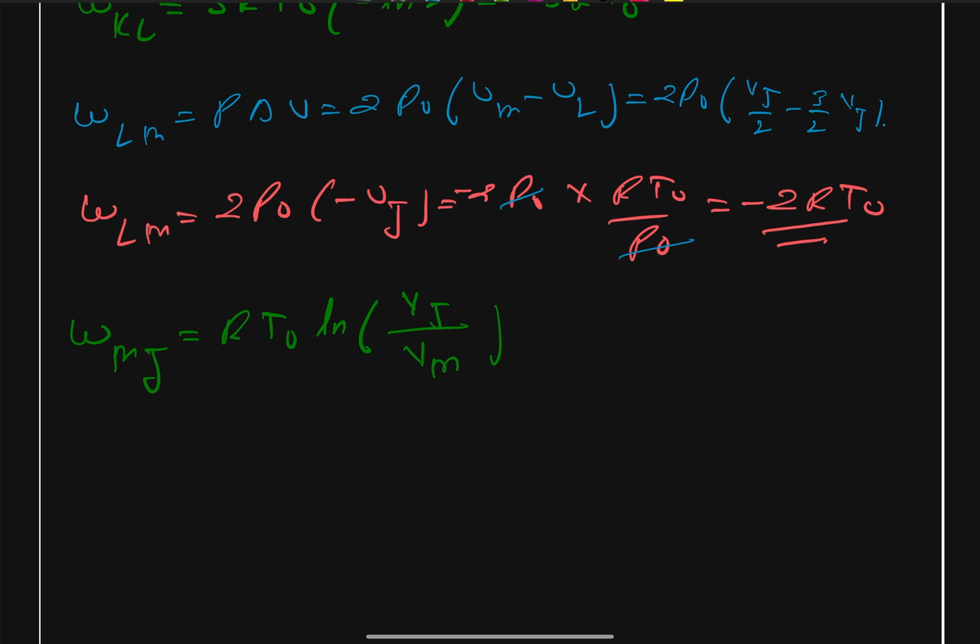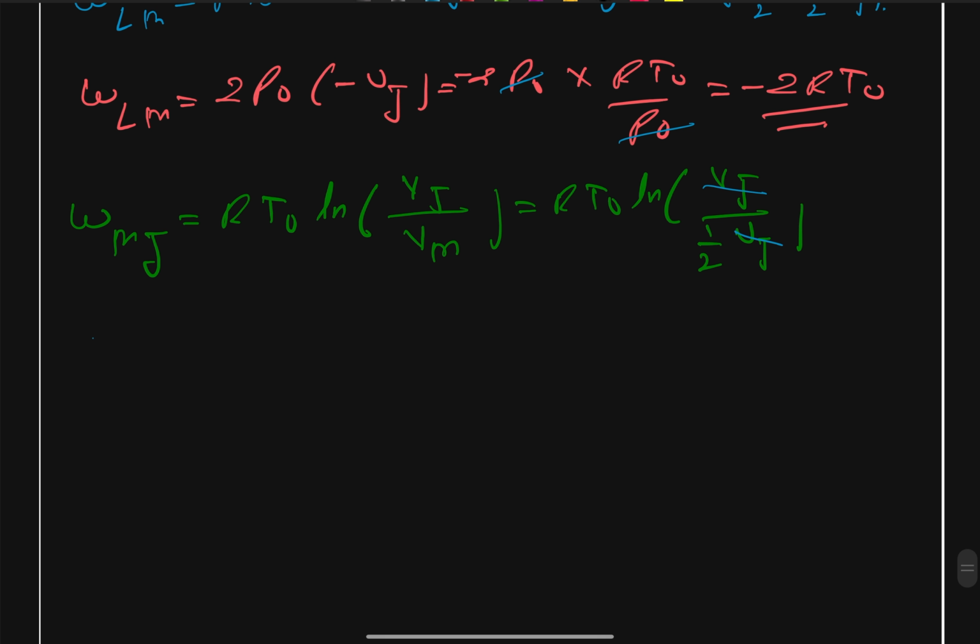We get this as R T naught natural log of V_J over V_M, V_M is 1 by 2 V_J. This V_J cancels out, so we get W_MJ will be equal to R T naught natural log of 2. So we got all the work done.